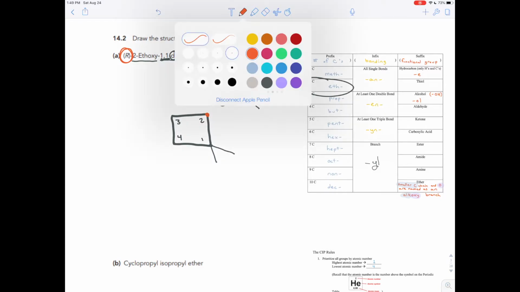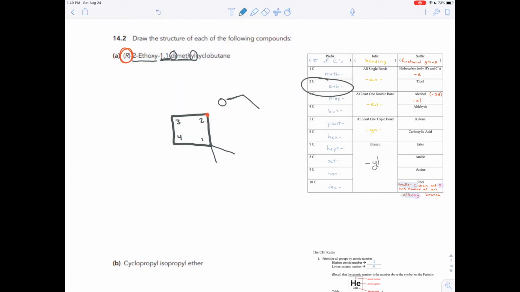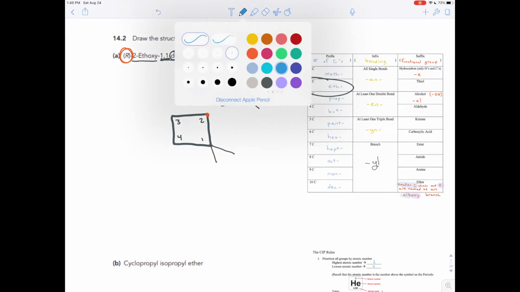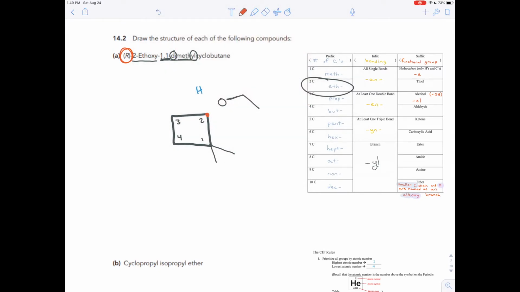So let's write out our 4 different groups here. We have our hydrogen, we have the oxygen, and let's assign the priorities to them. Now, oxygen has an atomic number of 8, and so that's the highest, because we have oxygen, here we have carbon, and hydrogen.